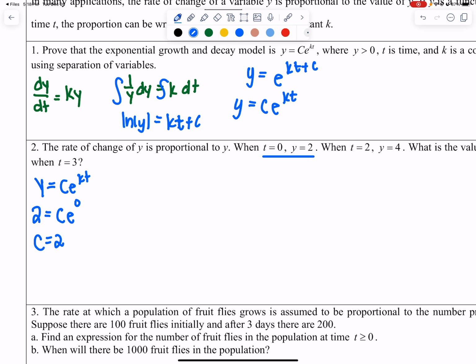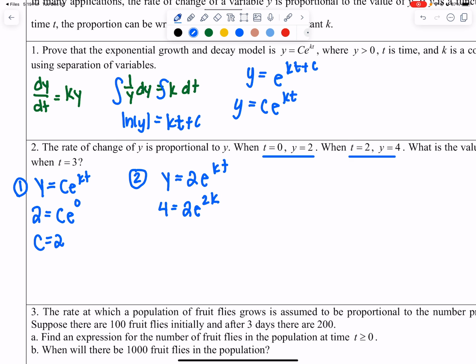So that's my first step, finding out what my c value is. After I get my first step, my second step is to find out what my k value is. So I already know that c is 2. And I want to find out what k is based off of my second piece of information. I know that when t is 2, y is 4. So once again, I have 4 equals 2e to the 2k, since t is 2.